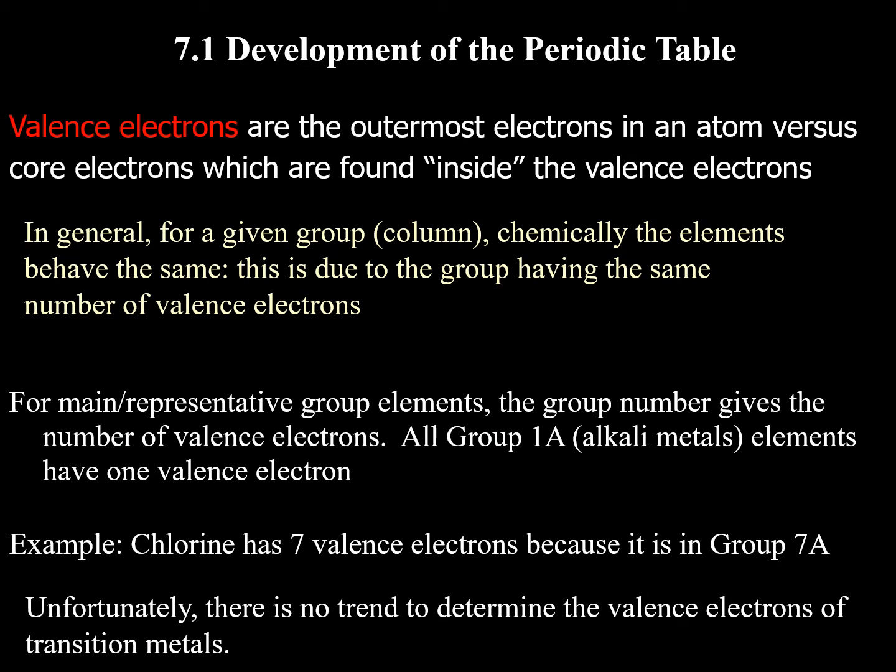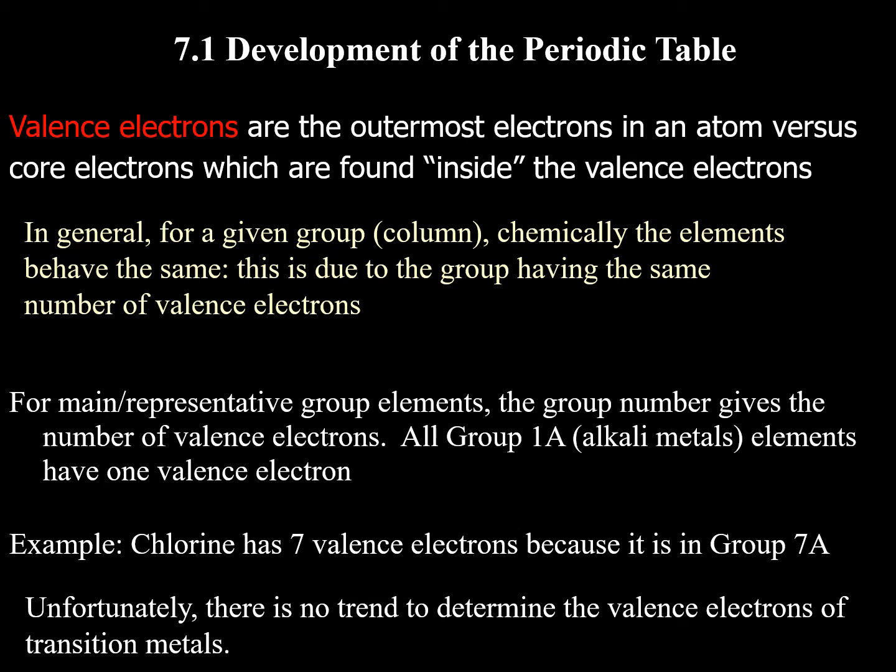Valence electrons are the ones located on the outermost shell, the outermost electrons, as opposed to the inner electrons, which are found inside on the inner shells, not the outermost shell. Valence electrons are the most important in the chemical reaction. They're the ones that actually transfer or share. They're the ones that give the element its property.